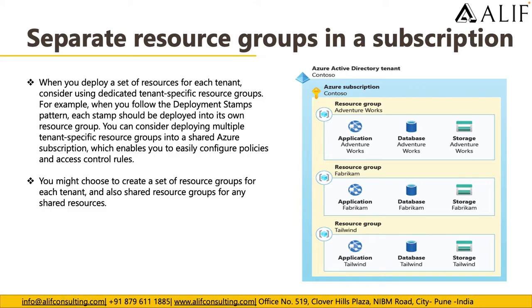Like if I have 5 or 6 applications, I'm going to have 6 web apps, 6 databases and 6 storage accounts, and they will be segregated from each other based on the resource groups, right? It helps you do a separation, control your policies, and maintain compliance and security as well. It can also help you configure policies and access control rules for your application and the resources.